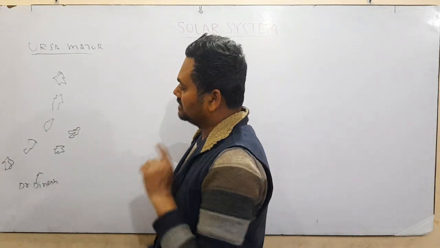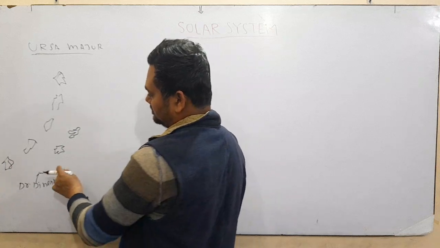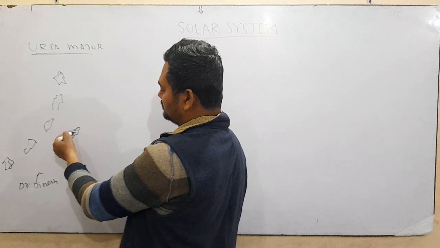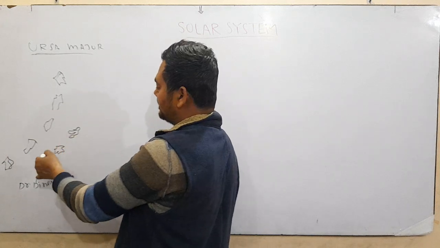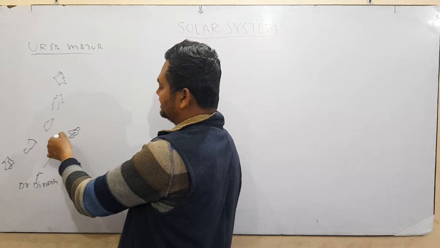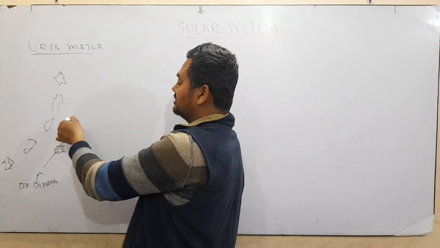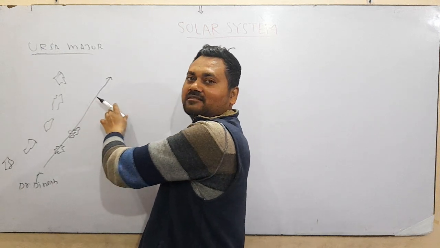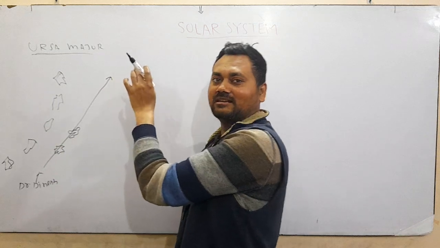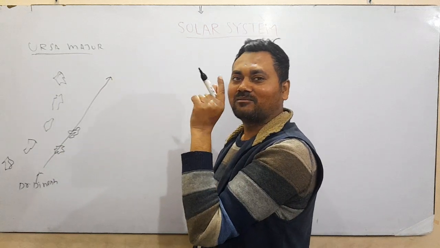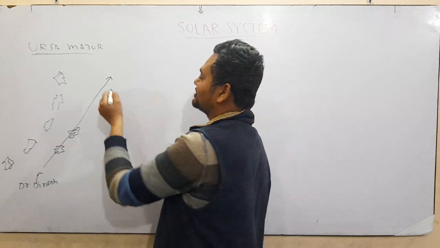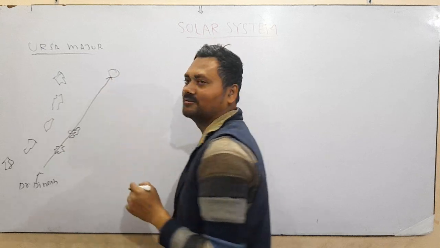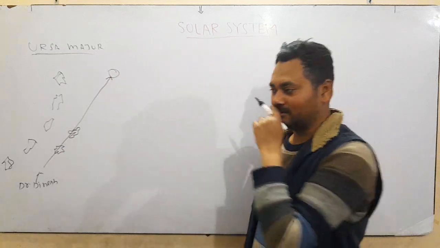If you draw a line connecting these two stars, and keep extending the line in a straight manner, this line will reach one more star, that is called the what? Yes, Dhruv Tara, or the pole star.